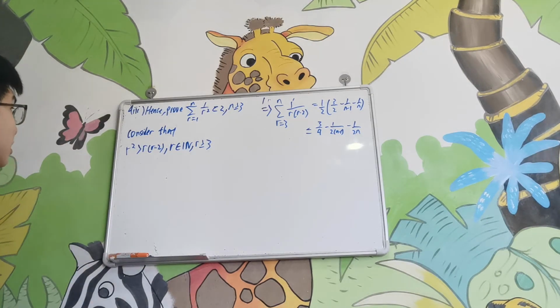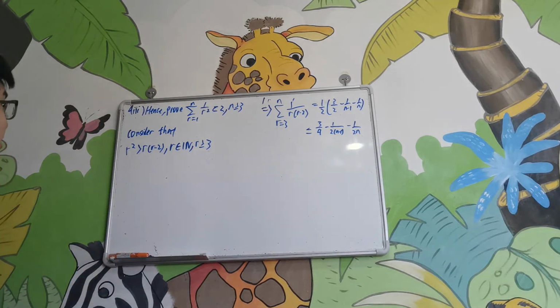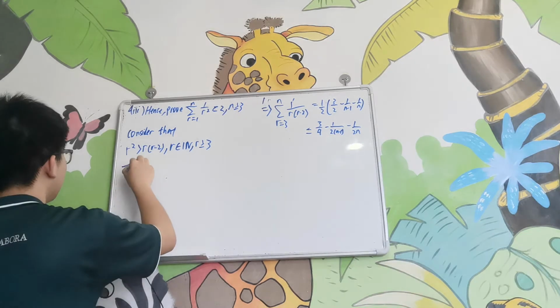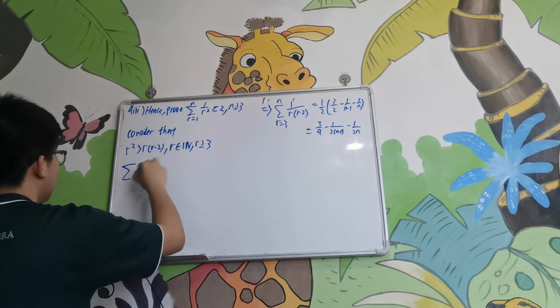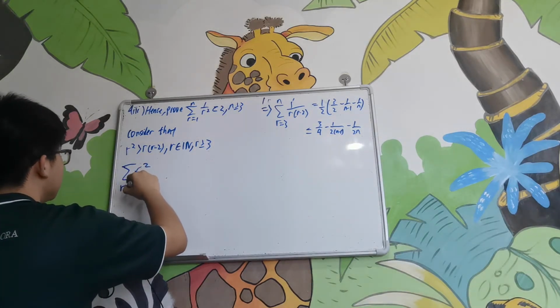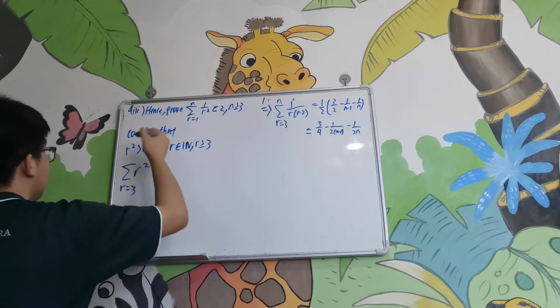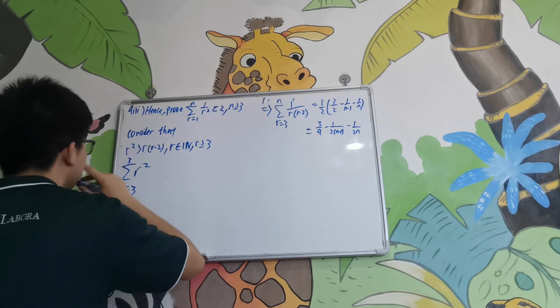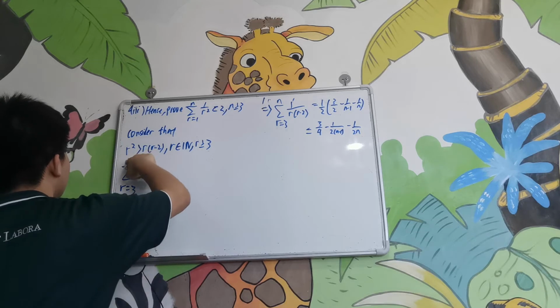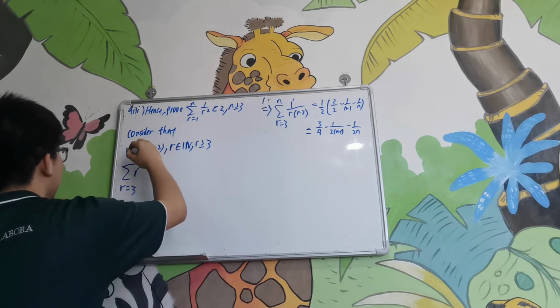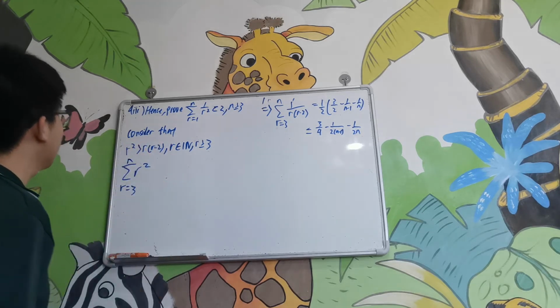x values. So logically, if you sum r squared from r equals 3 to even 3 itself, it will be more, maybe to an n, okay?